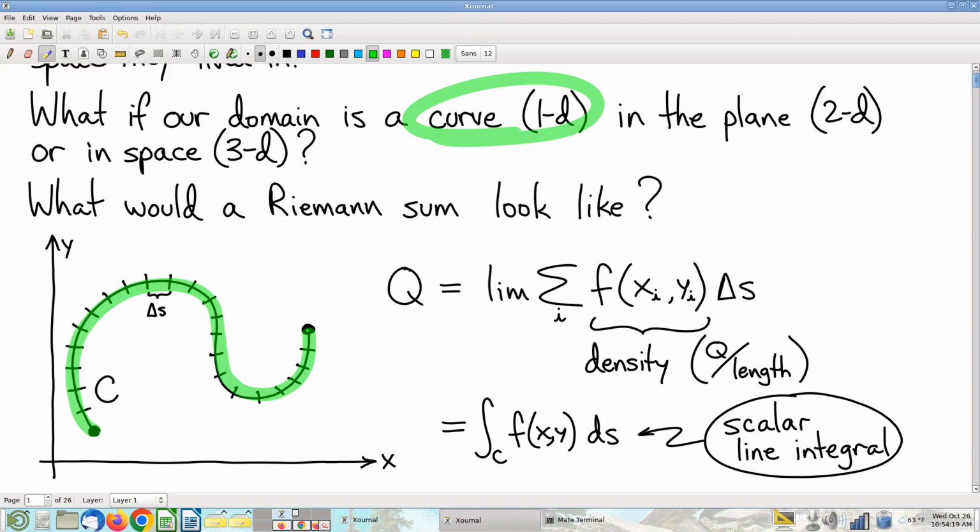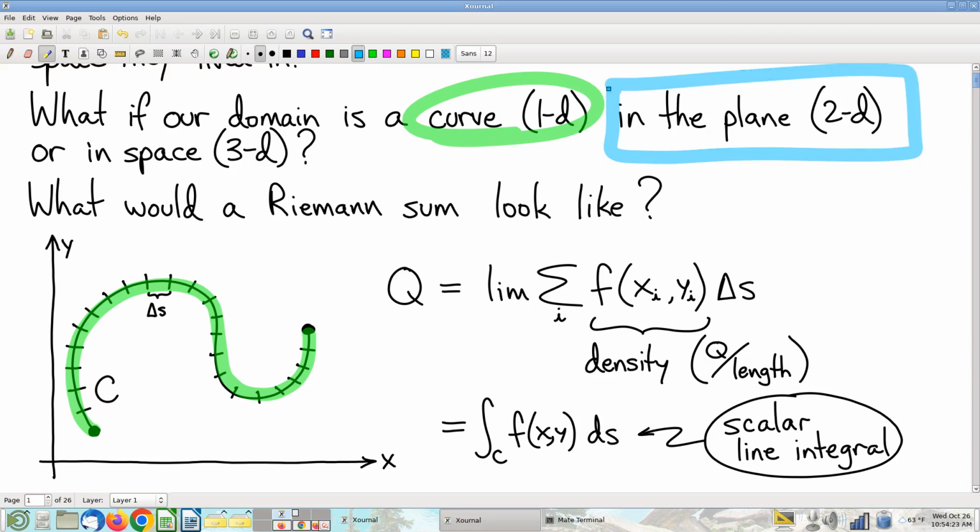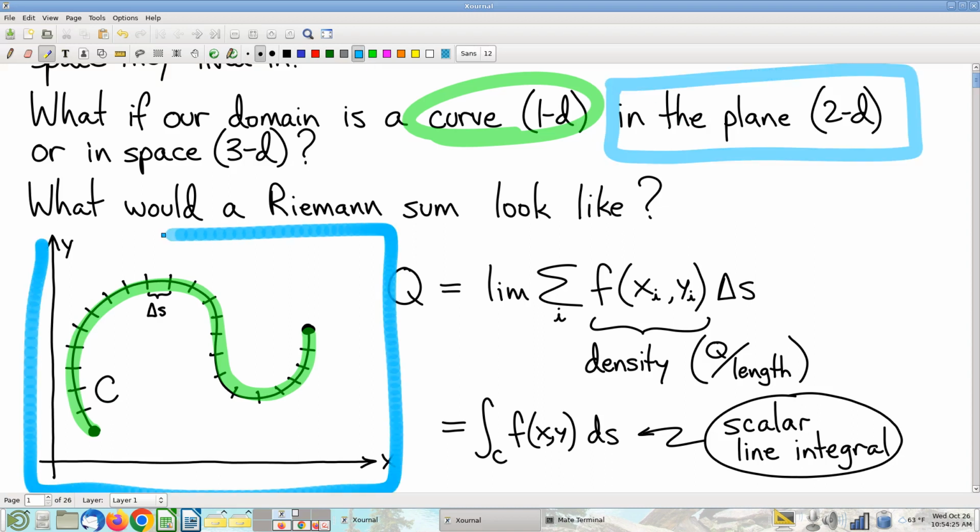But that's a 1-dimensional curve that's living in a 2-dimensional world. I can't use a double integral on this because there's no area. This is a 1-dimensional curve. So a double integral is not going to work.